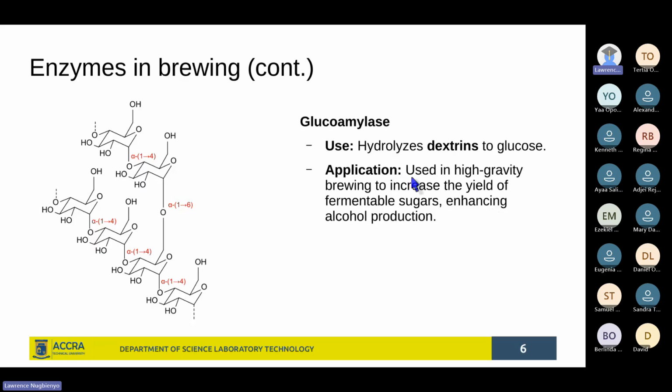How about if you have some other polysaccharides like the dextrins in there, which are tougher carbohydrates? It means if they are not broken down, they will just be coming out as waste. And so you have this glucoamylase also in that mixture, helping specifically with the breaking down of these alpha 1,6 glycosidic bonds.